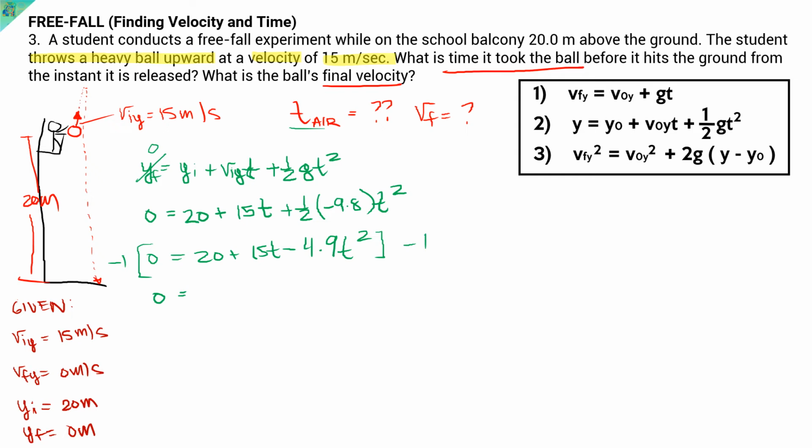And following the quadratic formula, this will now be a positive 4.9 t squared, negative 15t, and negative 20. I hope you can recall that's a squared, b, and then c.